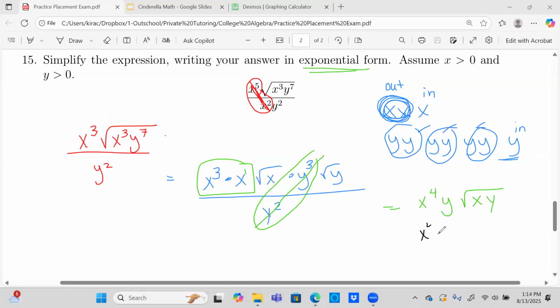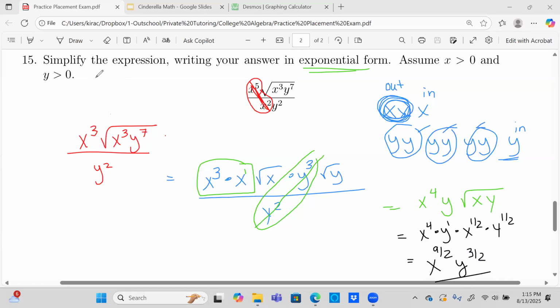So this would be x^4 times y times x to the half y to the half, because a square root is the same as a half power. But when you're multiplying, you really add. So that's x to the 4.5, which is 9 halves, and y to the 1.5, which is 3 halves. Answer.